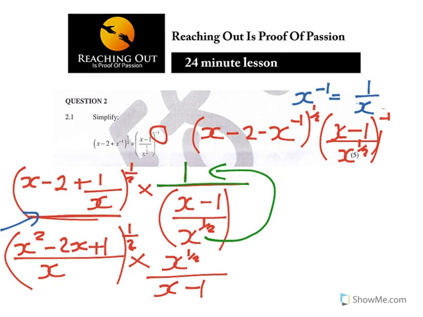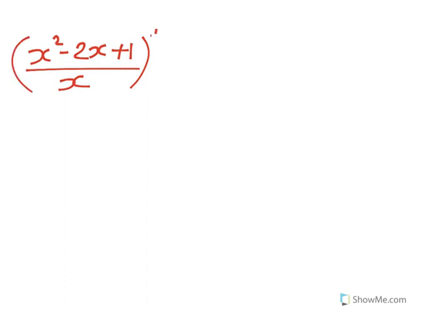That's what you'll be having in a way. Now, if we are to simplify this further, what you are going to have is x squared minus 2x plus 1 over x, just rewriting it again, to the power half, times, remember I said the top will go up on top, over x minus 1.